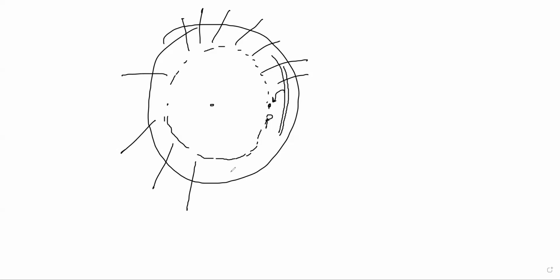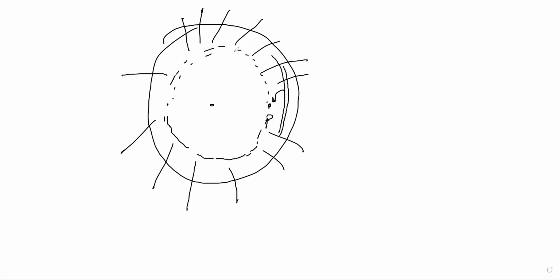Obviously, we know that due to a shell, field is there outside the shell, but field is not there inside the shell. So any shell which is outside the point P cannot do any field. So all of the portion outside can be deleted. You can almost imagine that they don't contribute to field. So the field is only going to be due to the portion inside the sphere.